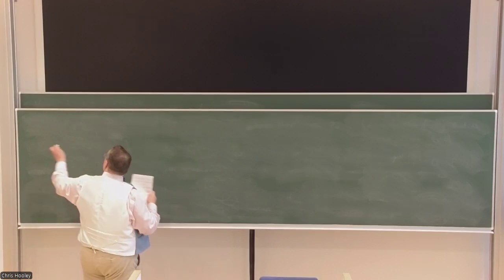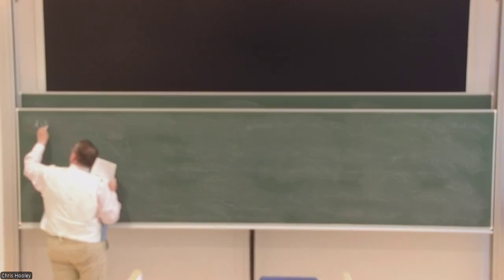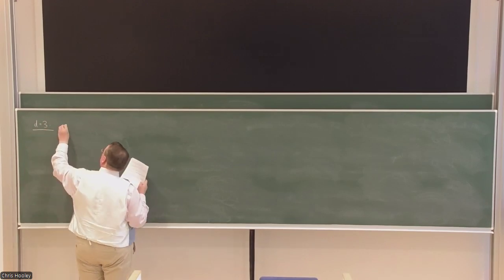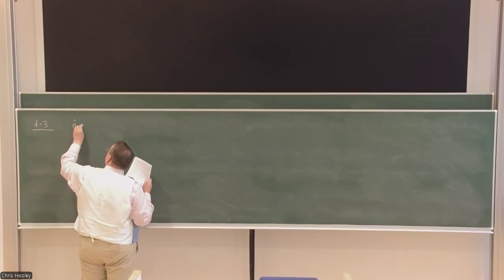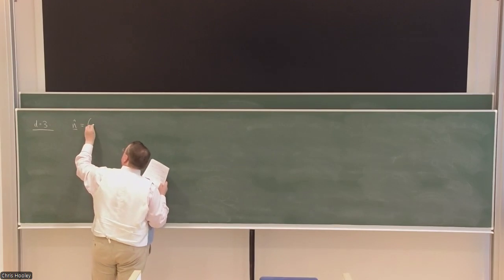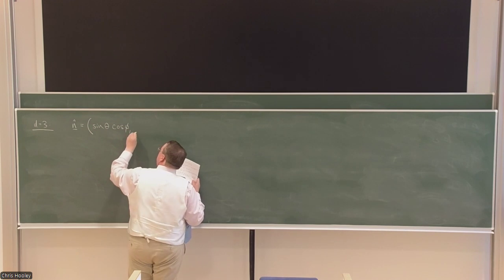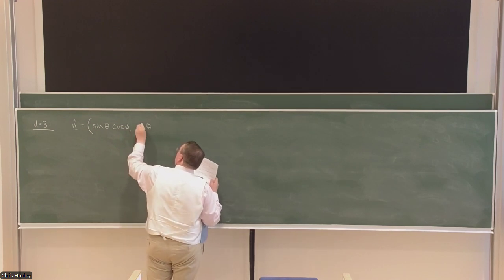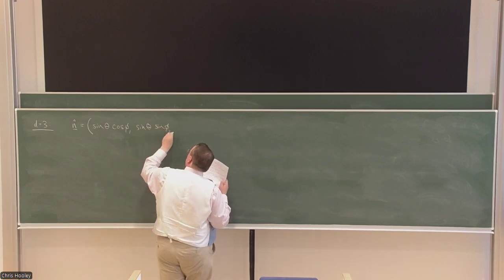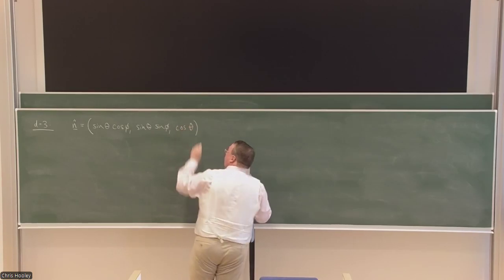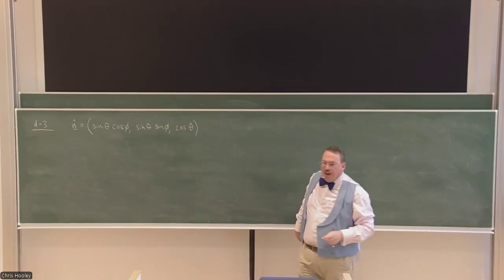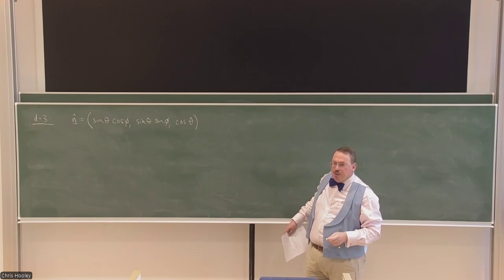Okay, so d equals 3 is similar in spirit, but the harmonics are more complicated. So in the d equals 3 case, we know how to do this because we've got these 2 angles. So we can just use the usual polar coordinate scheme with theta and phi to parameterize our unit vector.